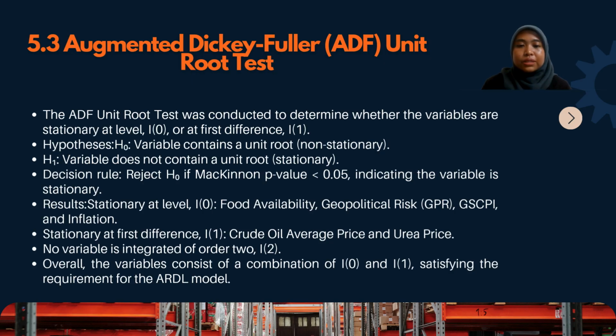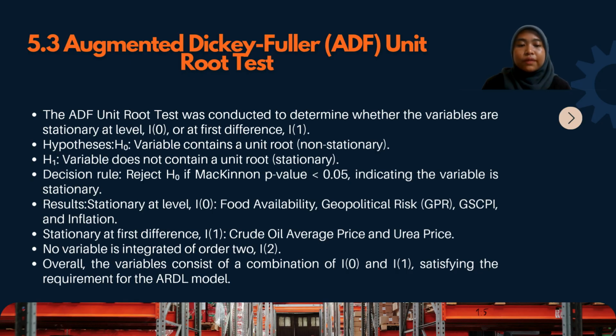The null hypothesis states that the variable contains a unit root and is non-stationary. The null hypothesis is rejected when the MacKinnon p-value is less than 0.05, indicating that the variable is stationary. Based on the result, food availability, geopolitical risk, GSCPI, and inflation are stationary at level, or I0.